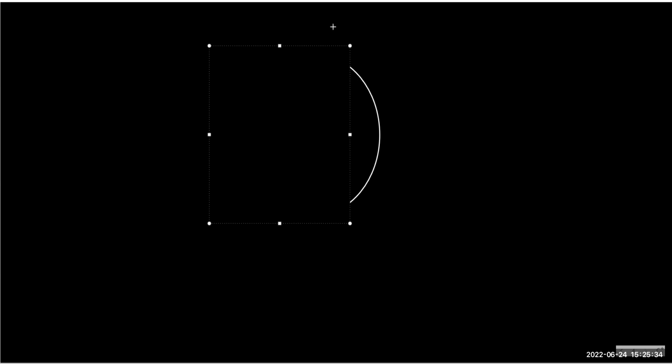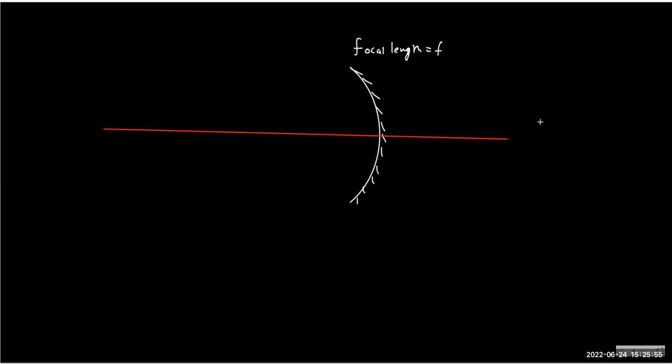So let's say we have a concave mirror of focal length f, and f is the value, not symbol. Focal length itself is f. This is your principal axis.